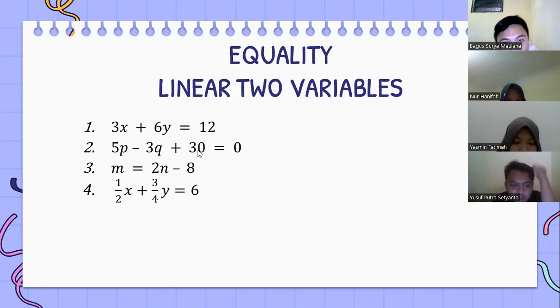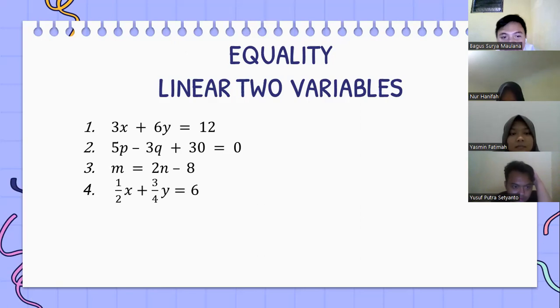So this is the same as the general form ax plus by plus c equals 0. What about the 5 and minus 3 here? 5 and minus 3 are the coefficients.